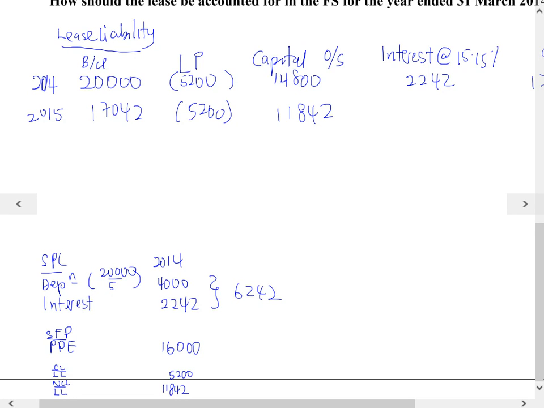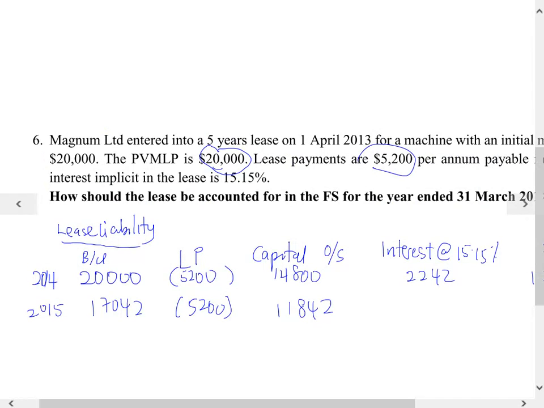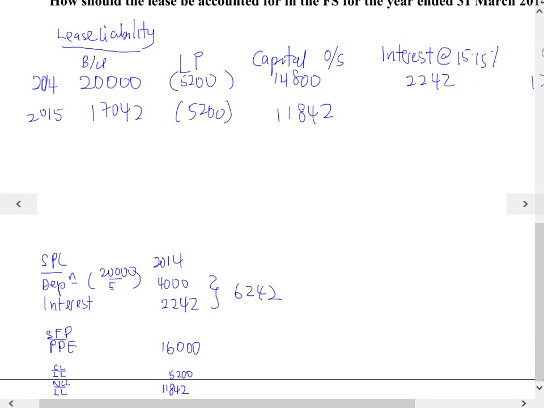Okay? My expenses will be higher by 1,042. Okay, so or they can put it this way: the company accidentally wrongly treated this 5,200 as rental expenses, and the company would like to correct this error. So when they correct this error, means they're going to recognize these expenses, means the profit will be lower or higher? It will be lower.